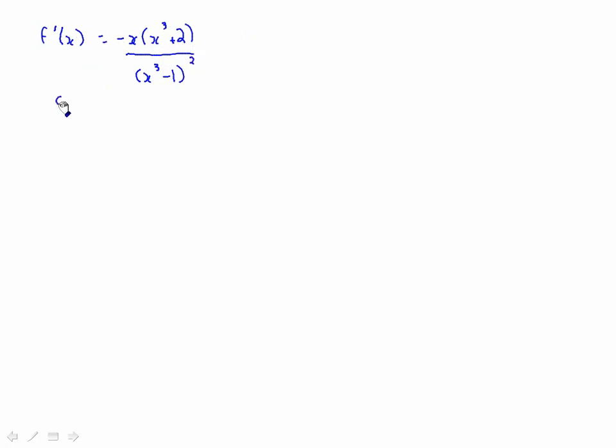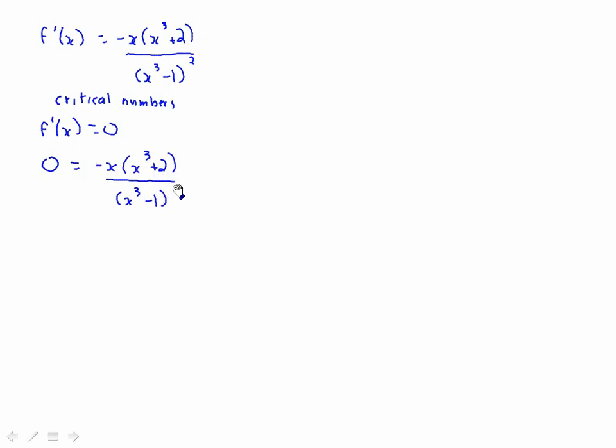To get the critical numbers, we have to be very careful, because critical numbers occur where f prime at x is equal to 0. So we first begin by setting this derivative to 0: negative x and then x cubed plus 2 all over top of x cubed minus 1 squared.